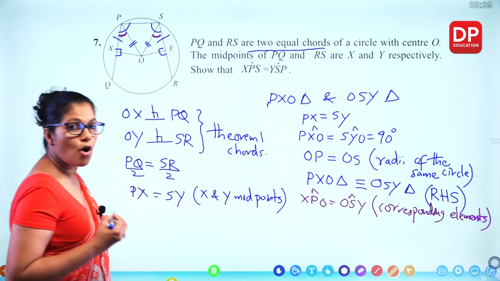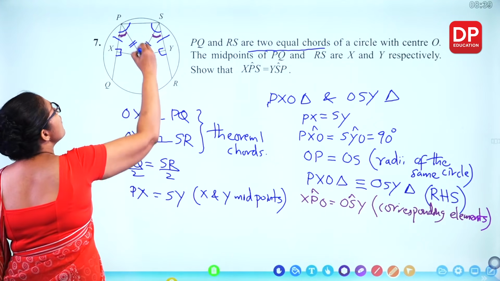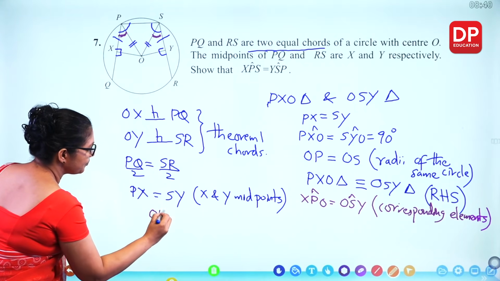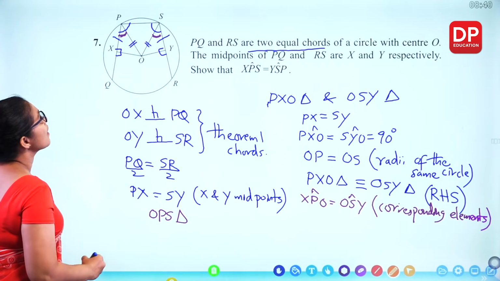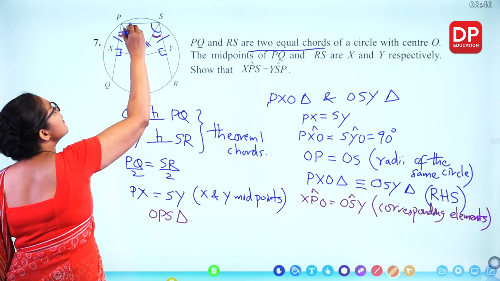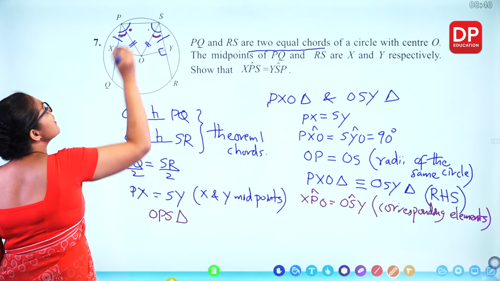of a congruent triangle. And also, when you take triangle OPS, these two lengths are equal, means this angle is equal to this angle.